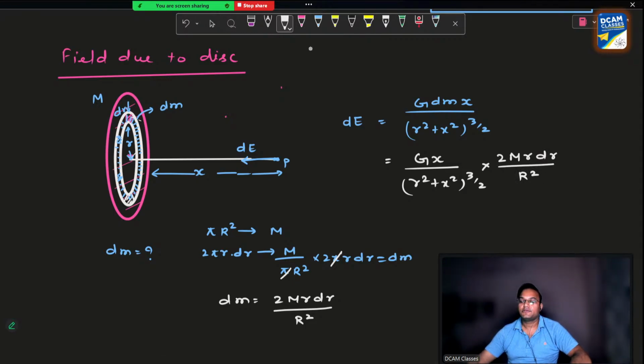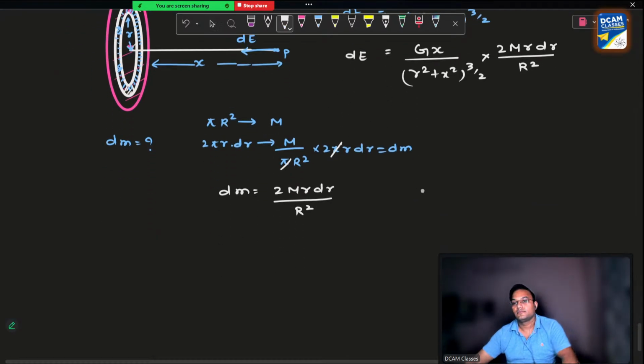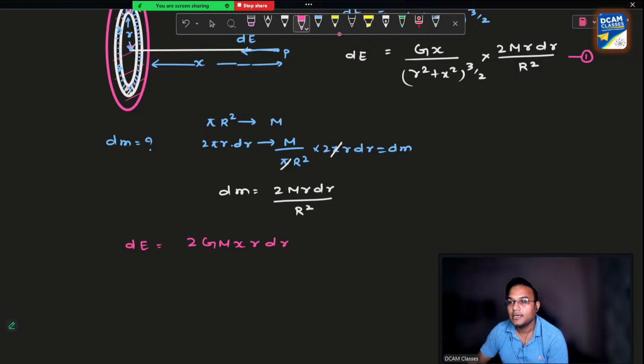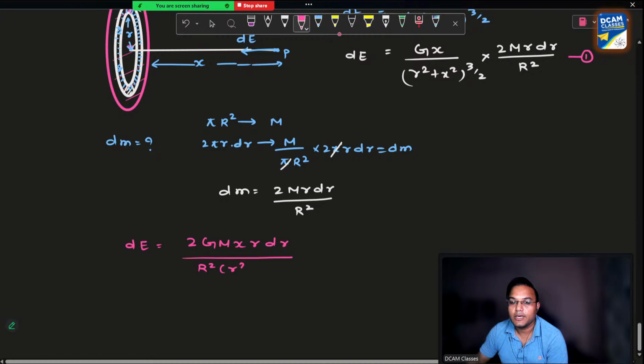ठीक है, this one, this is dE actually we have found. So now I will have to integrate it. So I'll write this expression 1 here below. dE is equal to 2GMx r dr by R square into (r square plus x square) whole power 3/2.